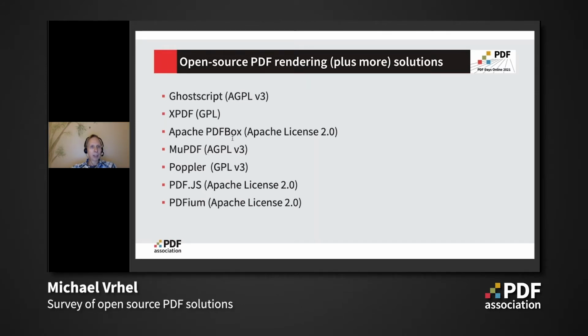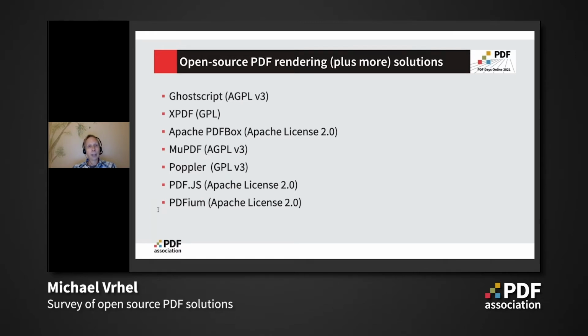There's the Apache PDFBox, which uses, as you might guess, an Apache license. MuPDF, which has an AGPL license. There's Poppler, which has a GPL license. And then there's pdf.js and PDFium, which both have an Apache license. And as I said, these are the projects that I'm aware of that have rendering capability.